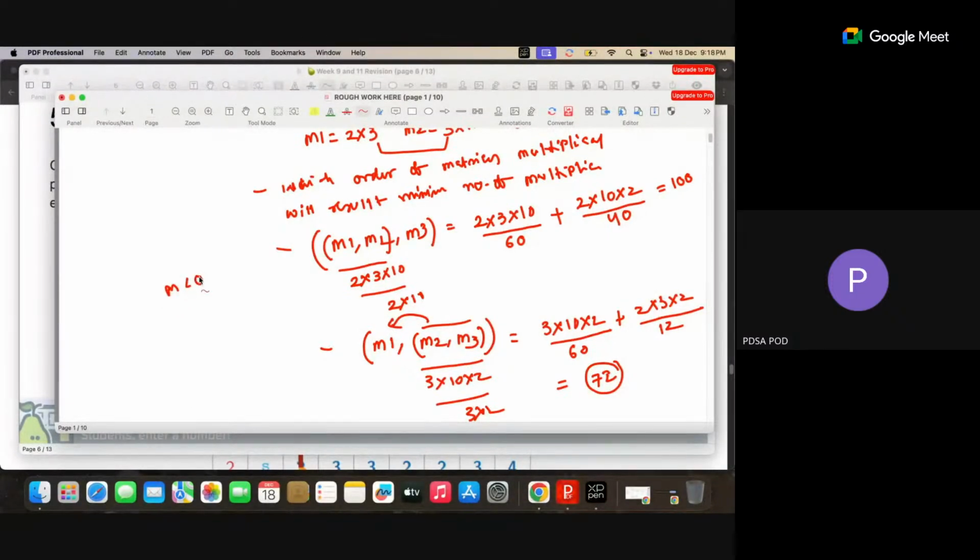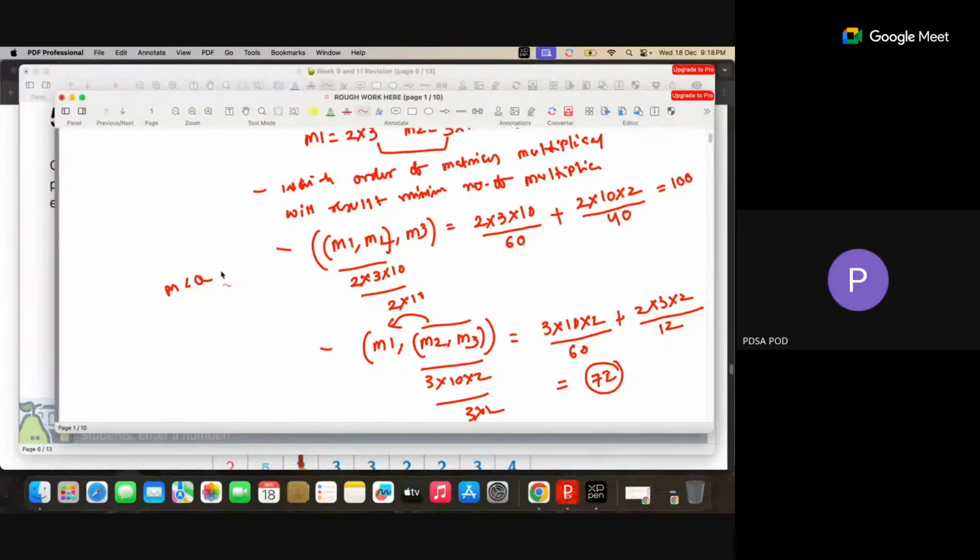Generally this could be an MCQ question. We give a combination of M1, M2, M3 with different sizes and ask which gives the least or the highest number of multiplications.